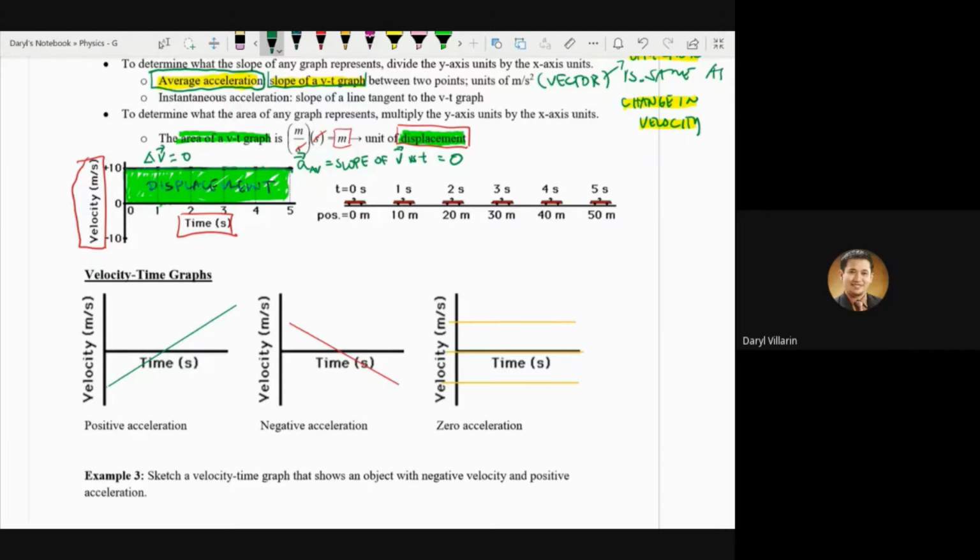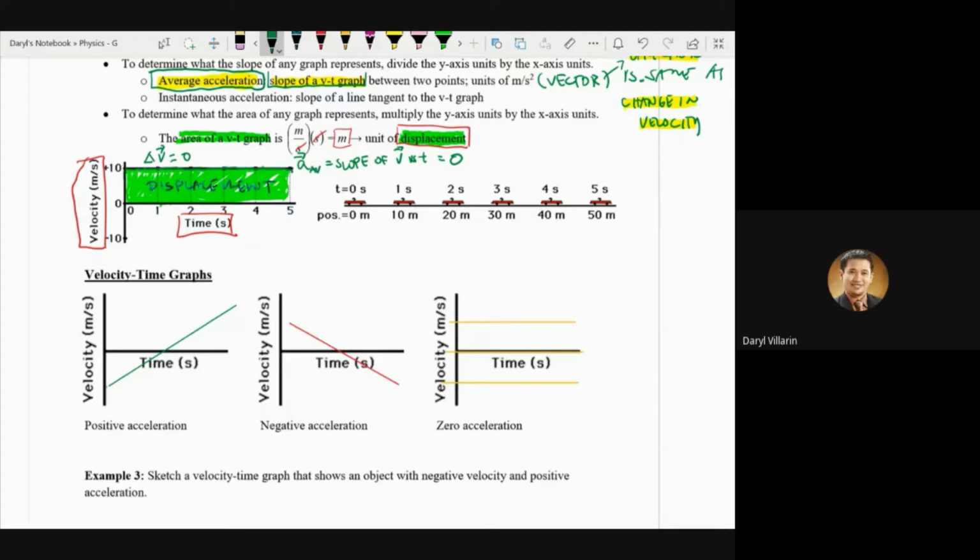Okay. So that's a common mistake usually made by students, because they try to relate change in velocity to just velocity. Because in some cases, they think that if delta v is equal to 0, the object is not moving. Actually, it can be moving, although in some cases it is not moving, because if the object is at rest, delta v there is also equal to 0.